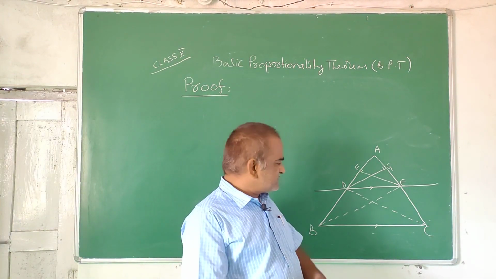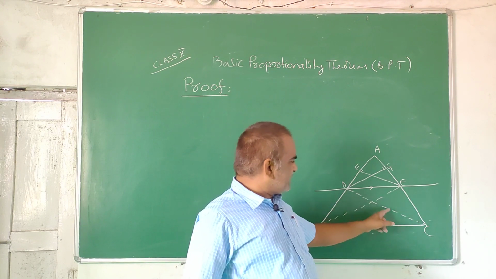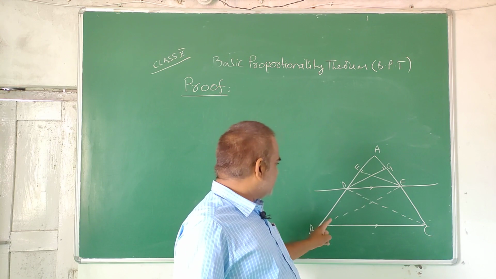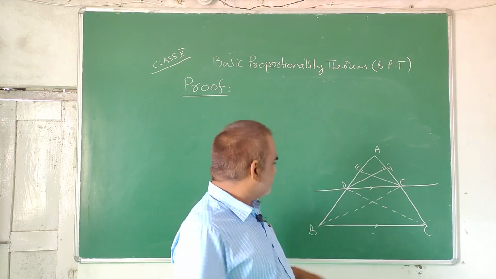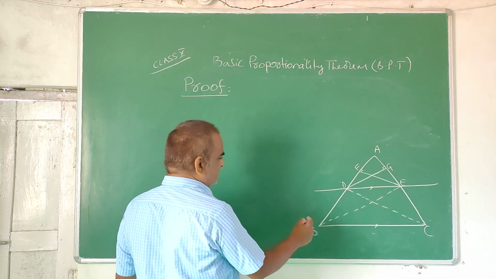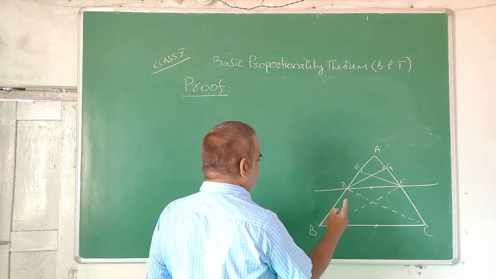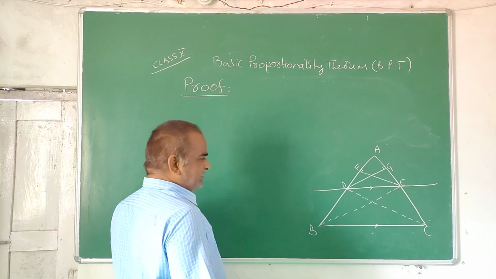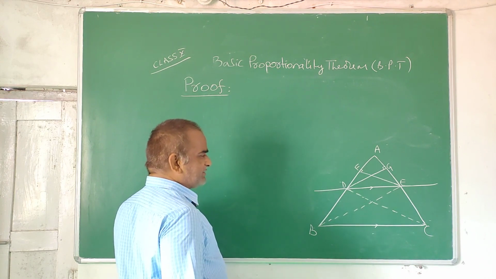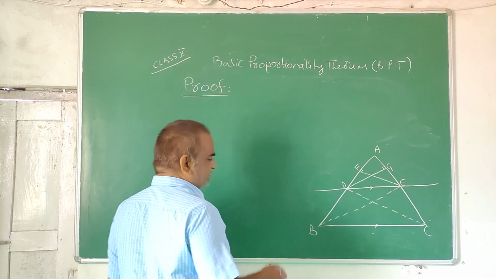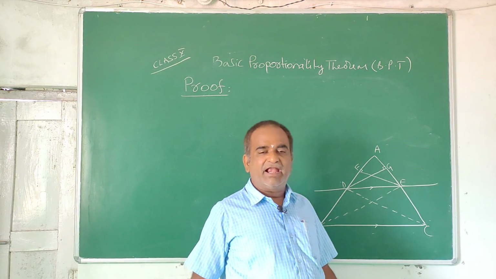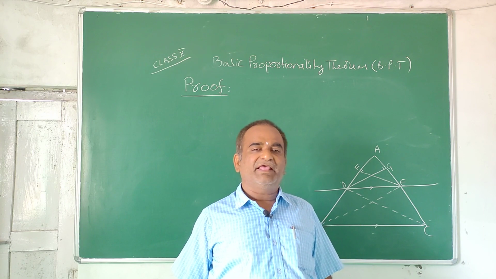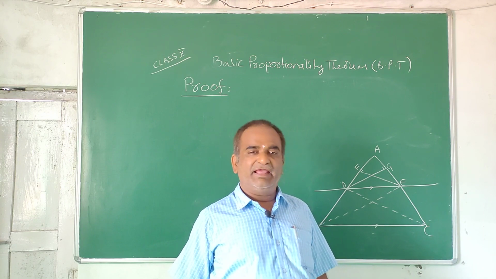So in the proof, first we will confirm the equality between triangle DEC and triangle BED. Please observe, these two triangles BED and DEC are on the same base DE and between the same parallels BC and DE. As we have learned in 9th standard, two triangles on the same base and between the same parallels are equal in area.